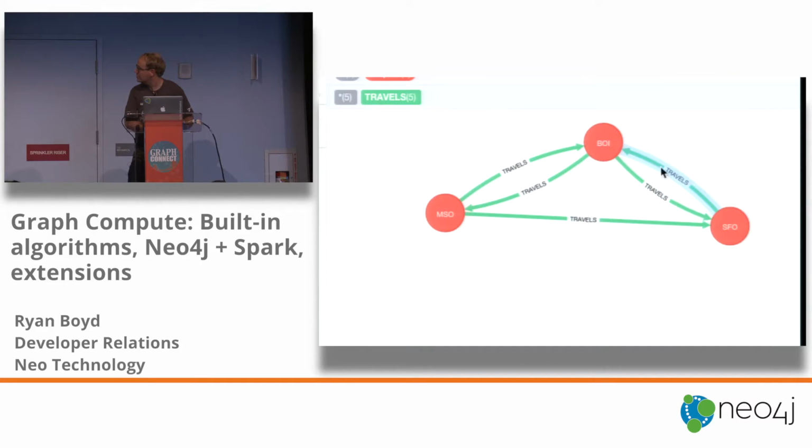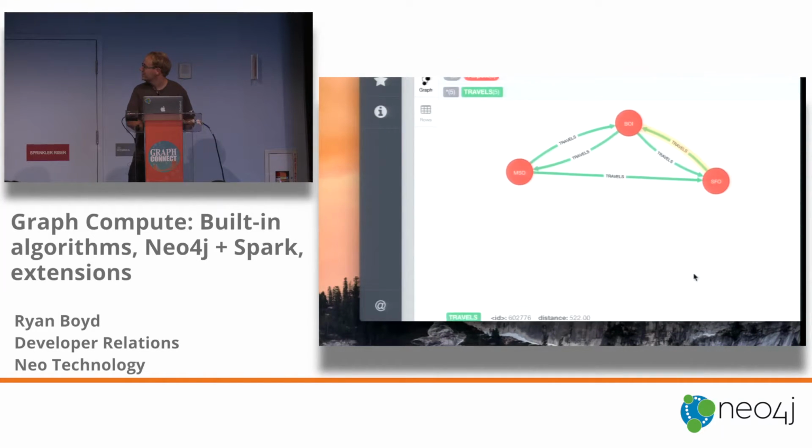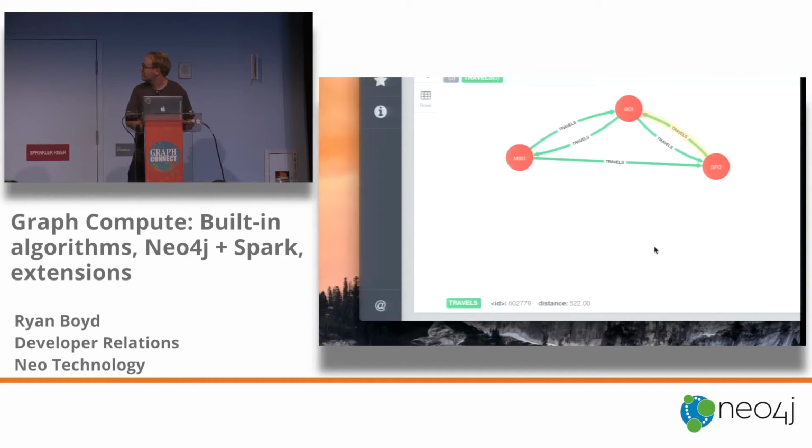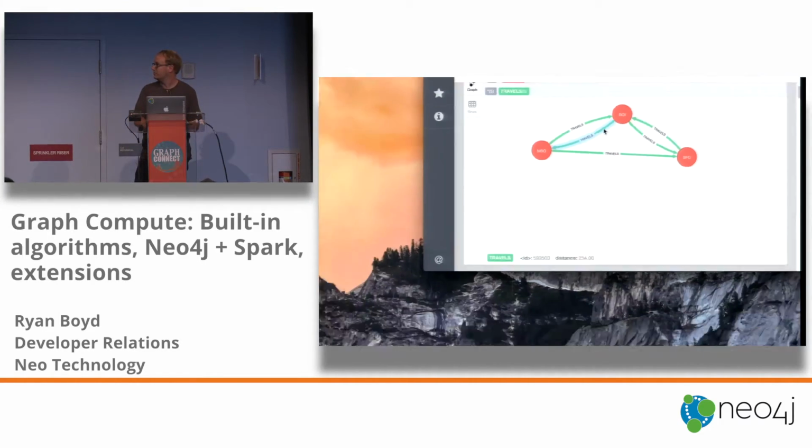If I'm traveling from San Francisco to, do people know what BOI is? Boise? That would be a good guess. The cost is 522, and then the cost of going here is 254. So basically, 522 plus 254, that's the cheapest mileage distance to travel found by the Dijkstra algorithm.